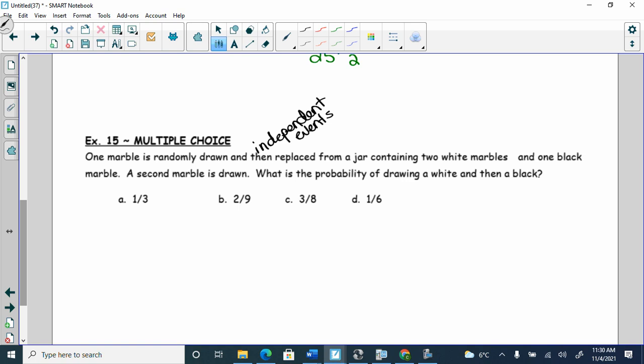A second marble is drawn. What is the probability of drawing a white then a black? So what's the probability of a white and then the probability of a black marble? How many whites are there? 2 out of how many marbles? 3. And then a black? 1 out of how many marbles left? 3, because I replaced it. They're all back. So it's 2 out of 9.